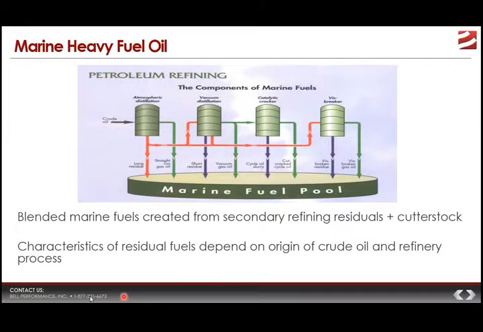Marine fuel oil is created by blending secondary residual fuels with different cutter stocks. Now, as depicted by this graphic here, you can see a bunch of different kinds of things that go into creating this pool of marine fuel oil. You've got long residue, you've got straight run gas oil.